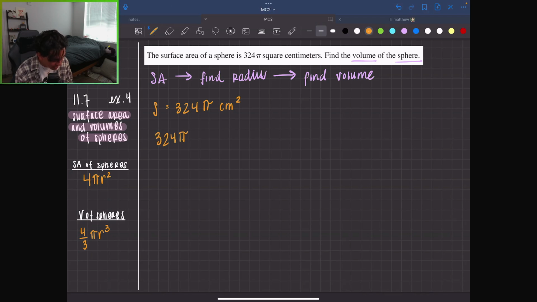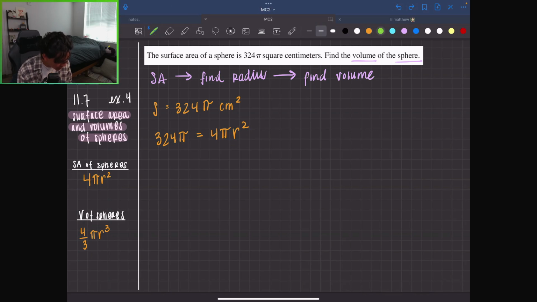So 324 pi equals 4 pi r squared, since that is what the surface area is. Notice here we have the radius and we need to isolate that, so that way we can get to the volume. What are we going to do to both sides first?